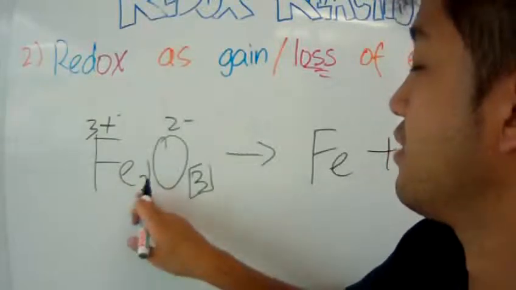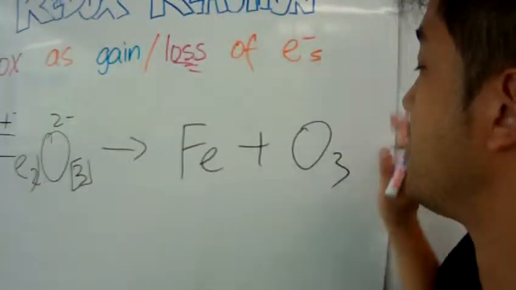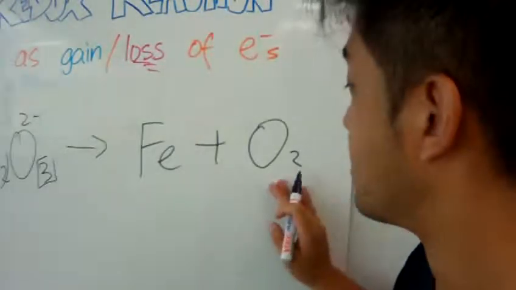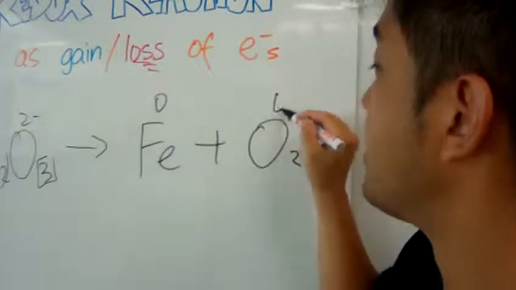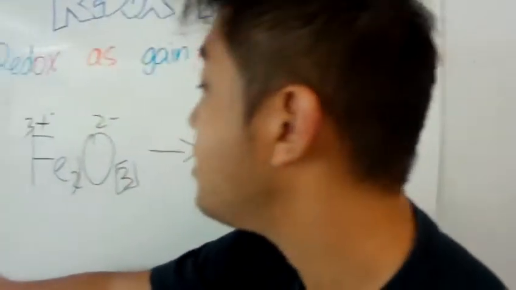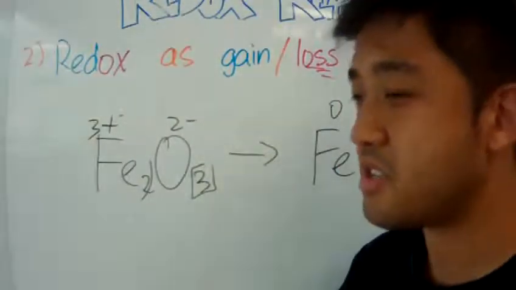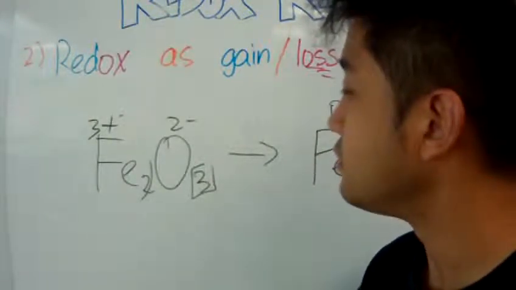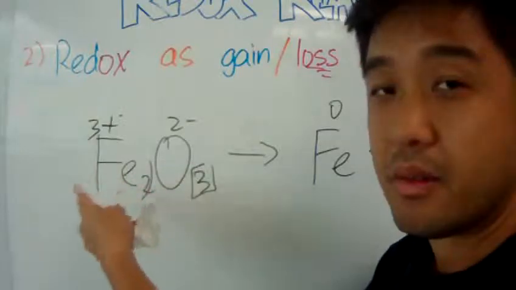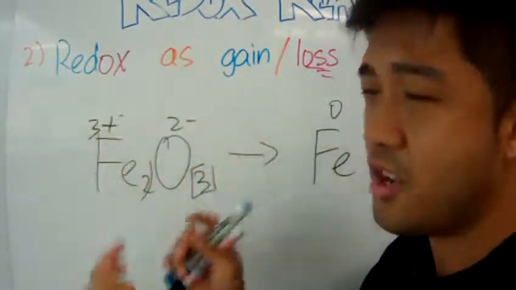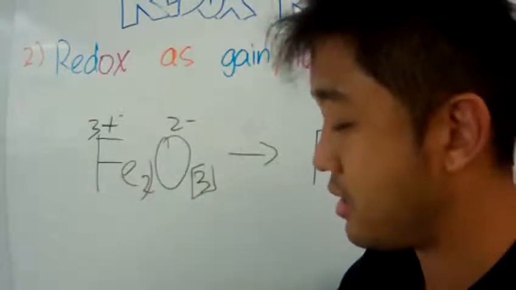All right? And so these elements, iron and oxygen gas, have 0 charge. Okay. So which species is being oxidized and which is being reduced? Well, because this is an ionic compound, it has charges in its respective ions.